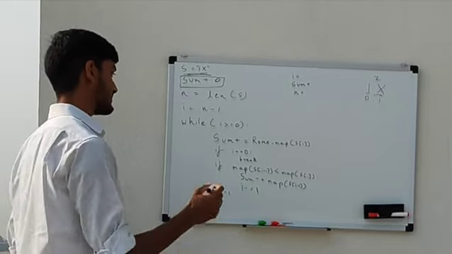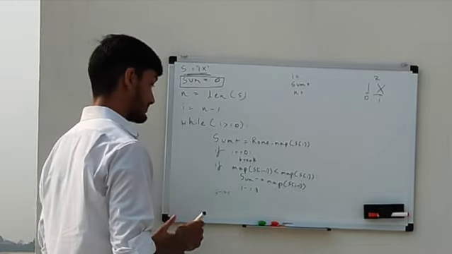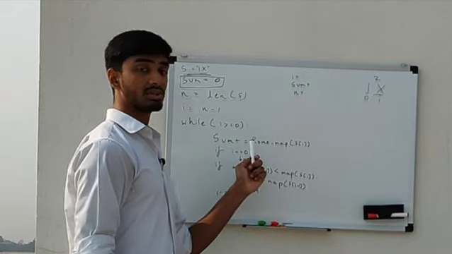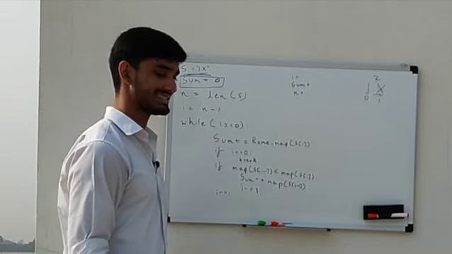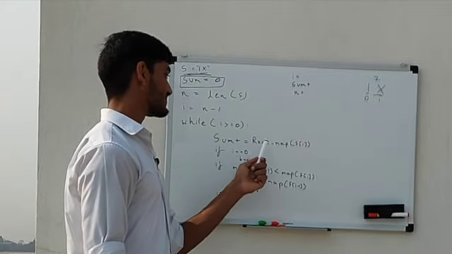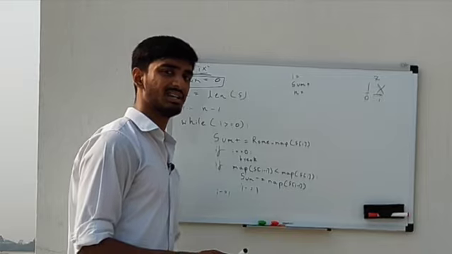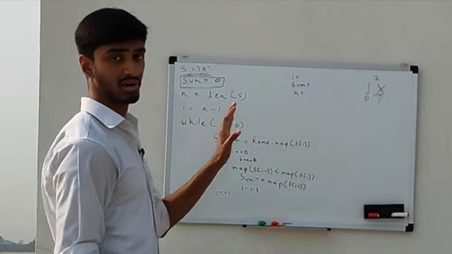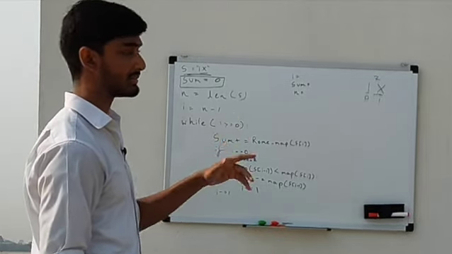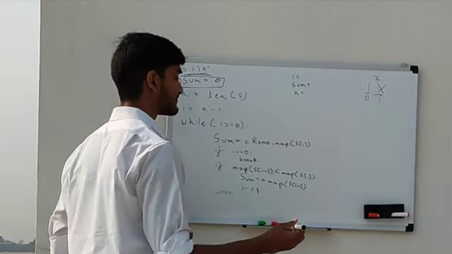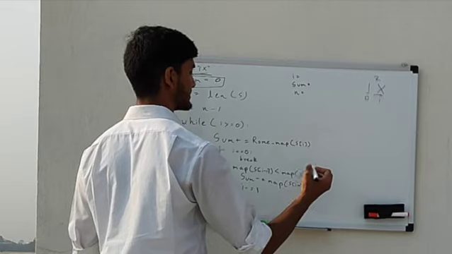Inside, we do sum plus equals romanMap of s of i, which means that here we use the roman map. Here the roman map is a particular hash map, which I'm not going to write here, but we already know the table for this hash map. I have given it in the introduction video, in the problem explanation part of the video.